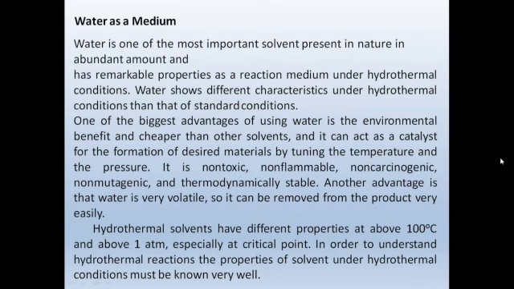Hydrothermal solvents have different properties above 100 degrees Celsius and above 1 atm, especially at the critical point. In order to understand hydrothermal reactions, the properties of solvent under hydrothermal conditions must be known very well.